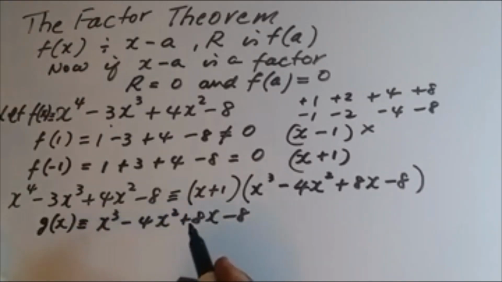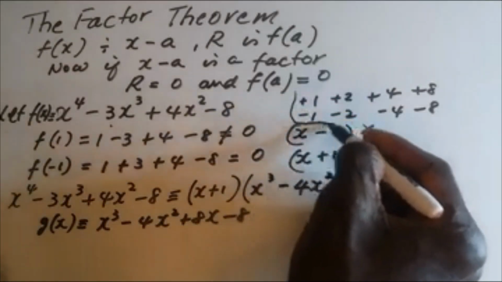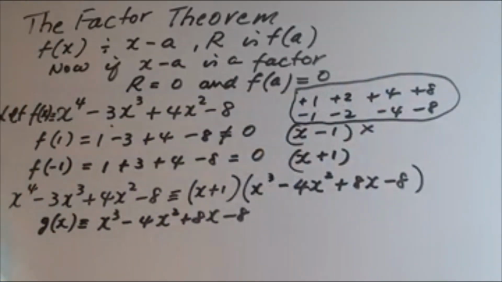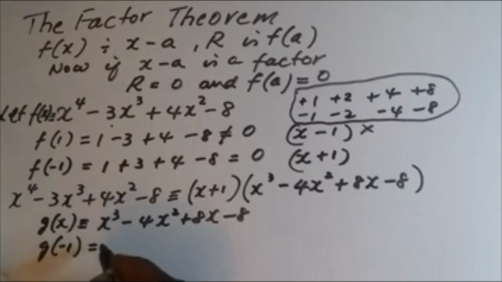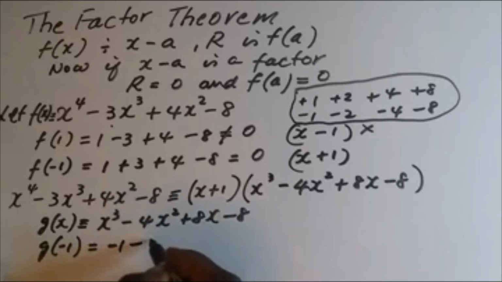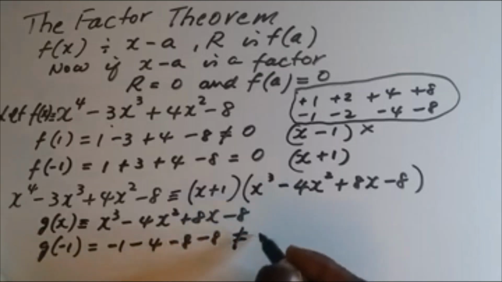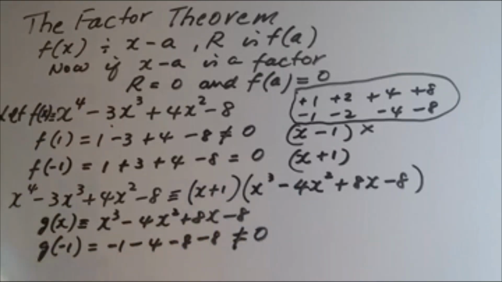So again, remember these are the options we have. Sometimes you might have repeated values that you could use, so we use -1 again. So we go for g of -1, and this is equal to -1 minus 4 minus 8 minus 8, and this is not equal to 0, so we know -1 is not valid for creating an expression x minus a, which is a factor.